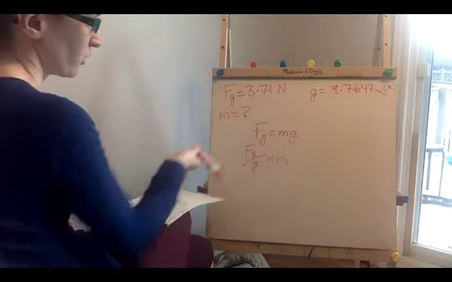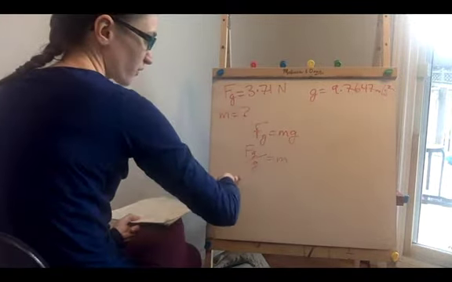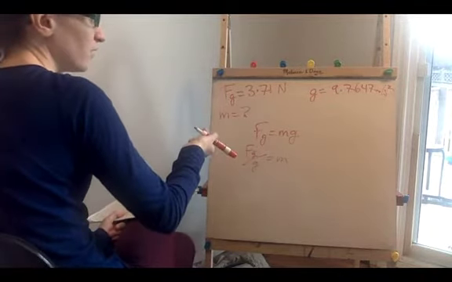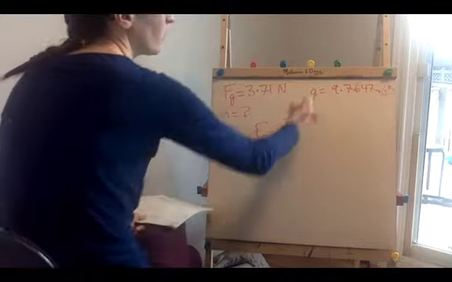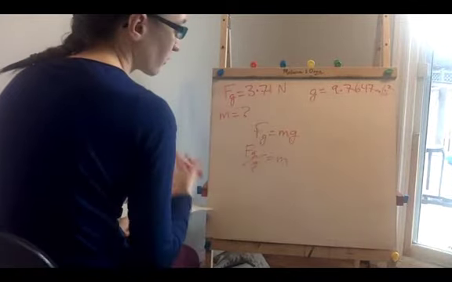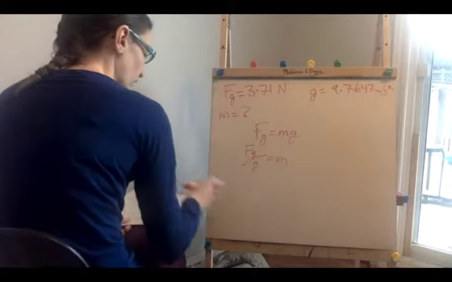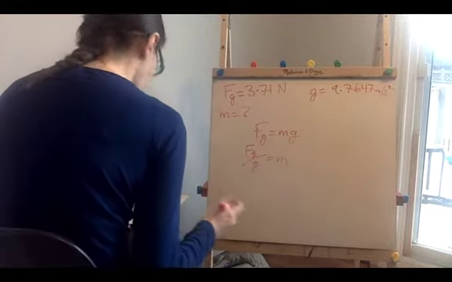Now you can interpret them both as being positive, right? And then just get a value of m that's positive, or you can interpret them both as being negative because the force of gravity is pulling it down and gravity is a negative acceleration. Either way, you get the same value because two negatives divided by each other would also equal a positive.